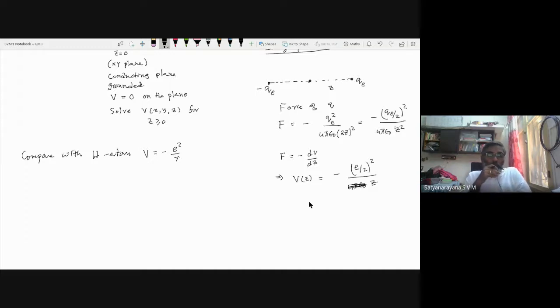Now suppose I ask a question. The question that we are asking is something like this. Suppose I have this metal, and let's say there is an electron here which is having this kind of potential. Okay, now is it possible that there are some bound states?